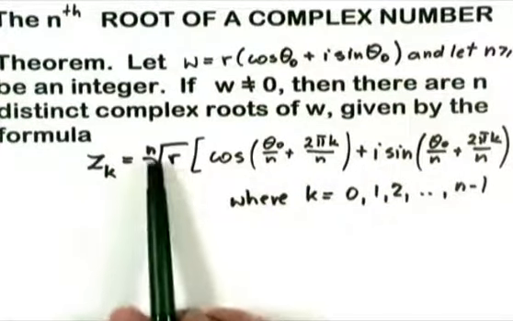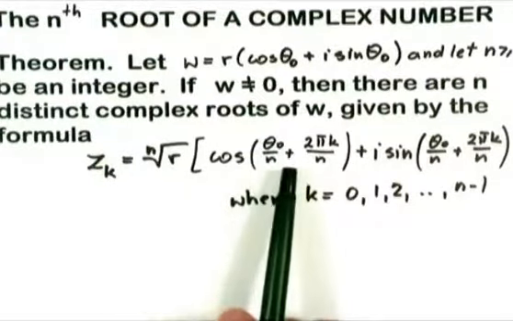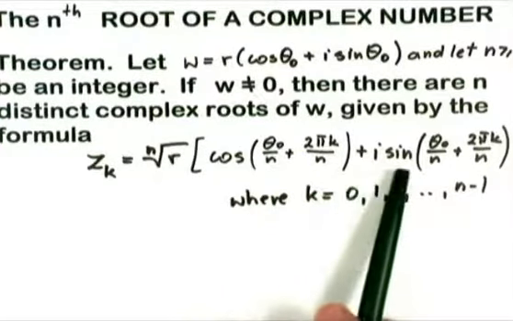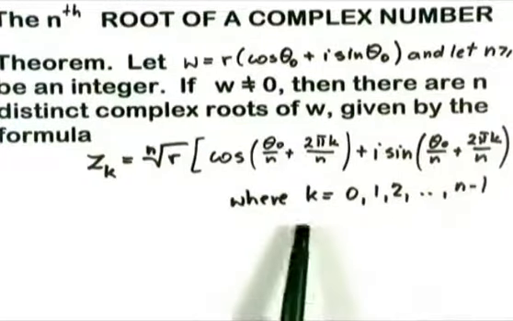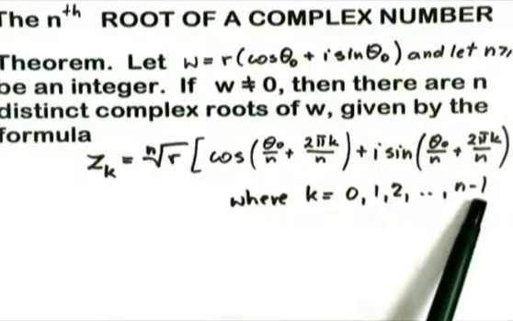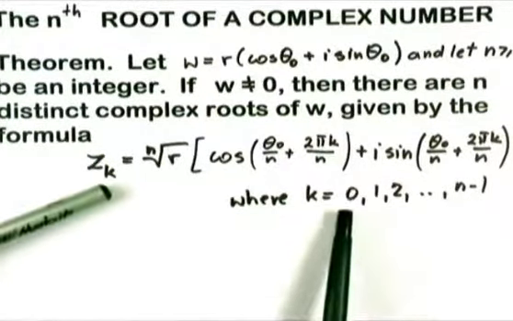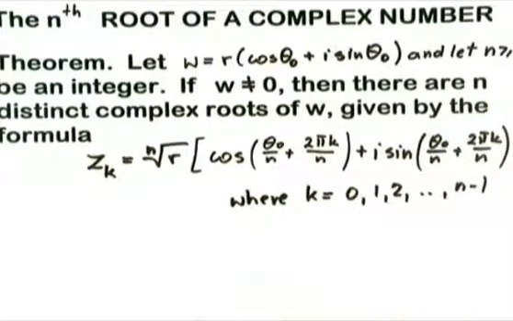Z sub k is the nth root of r times cos of (theta 0 over n plus 2 pi k over n) plus I sine of (theta 0 over n plus 2 pi k over n). That k is from 0 to n minus 1. So we have n distinct roots. First root is 0, then 1, 2, up to n minus 1. You don't need to remember this formula. It will be given on the formula sheet if we will use it.